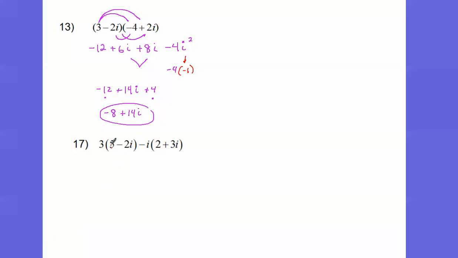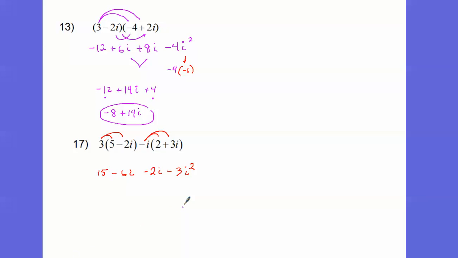Similarly, this single distribution will give us 15. This one here will give us negative 6i. This is a negative i multiplied by 2. That negative i will also multiply a positive 3i, creating not positive, but rather negative 3i squared.